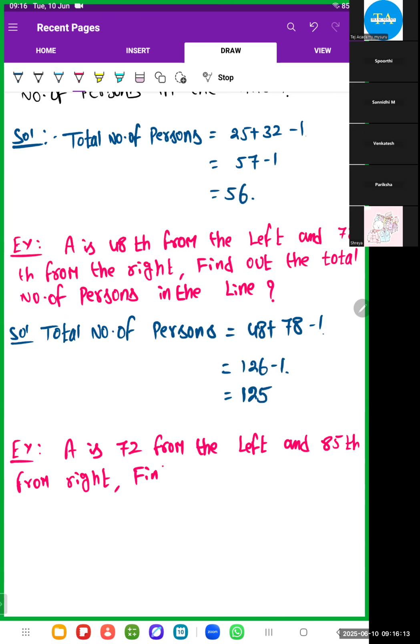So find out the total number of persons in a line. 156.